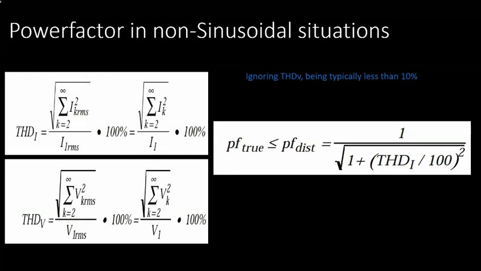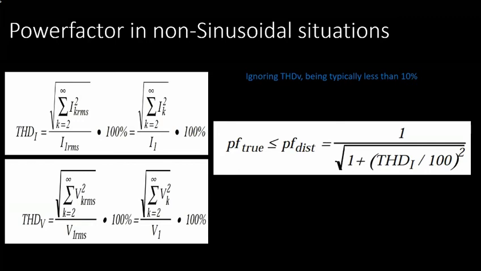As you see, in a linear load, it is basically a cosine of the phase angle difference. Here it is 1 divided by the square root of 1 plus total harmonic distortion divided by 100 squared. So basically that total harmonic distortion is typically expressed in percentage. So in real life you would come across application engineers talking about total harmonic distortion of 5%, 10%, 20%.